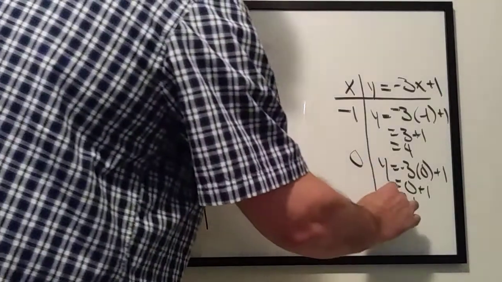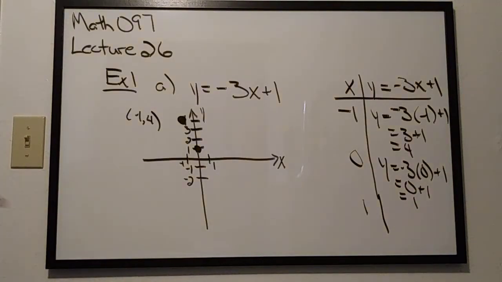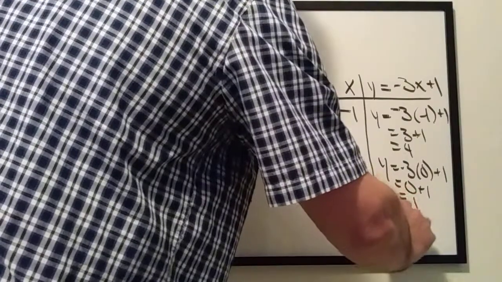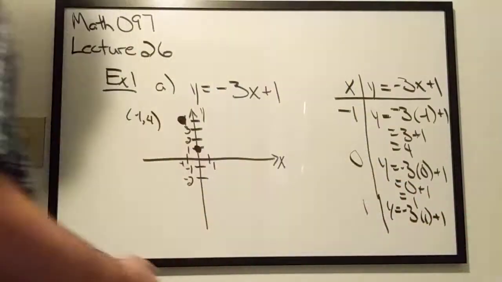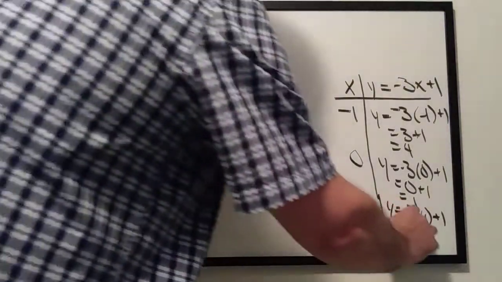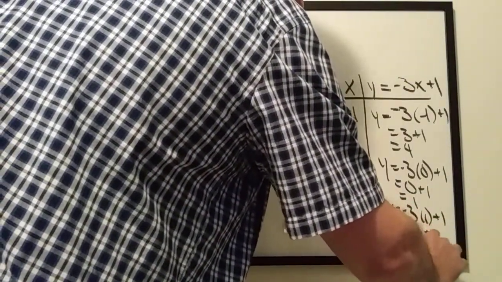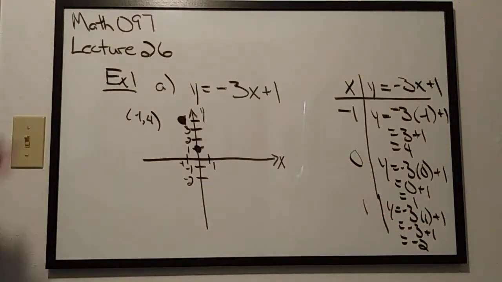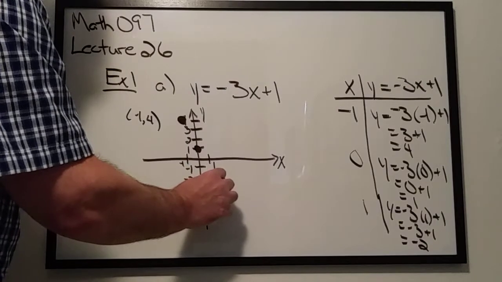Again, I'm going to choose an x value that is easy to play with, so let's choose an x value of positive 1 this time. We have y equals negative 3 times positive 1 plus 1. Negative 3 times 1 is negative 3. Add 1 to that, and we have negative 2. So now we have the point 1, negative 2, which is going to be right there.